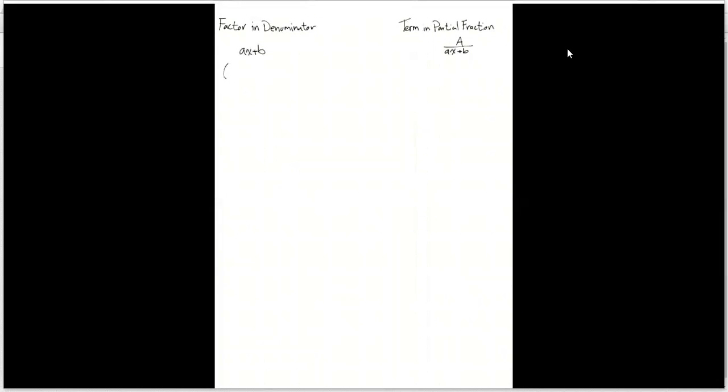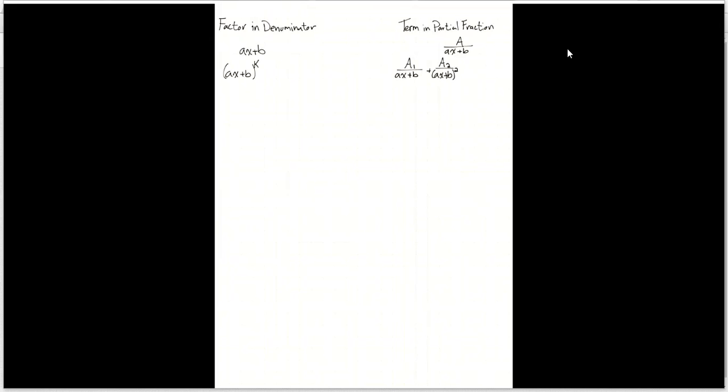So now when we go over, let's say we have a factor of the form ax plus b to the power of k. So there's multiples, right? I've got some number of these things in the denominator. It becomes a little bit trickier then. So what I'm going to do instead is have this A sub 1 over ax plus b. Notice it doesn't have a power. But now I'm going to add this A2 over ax plus b squared.